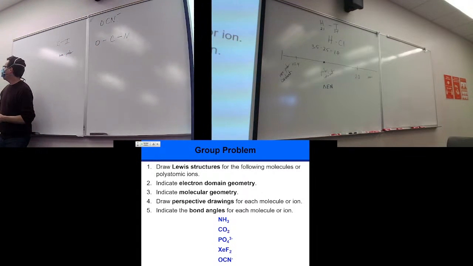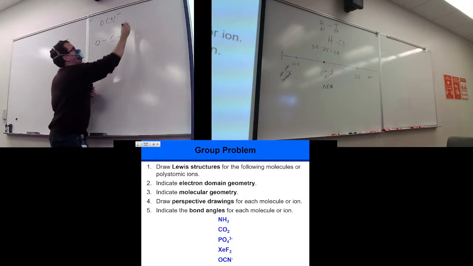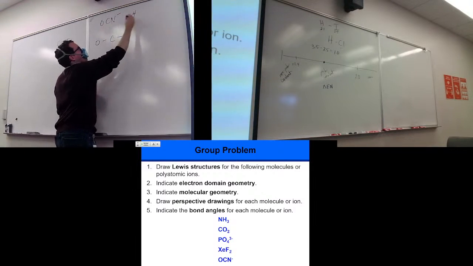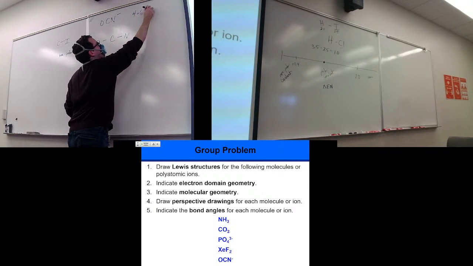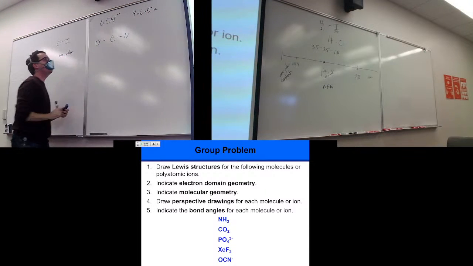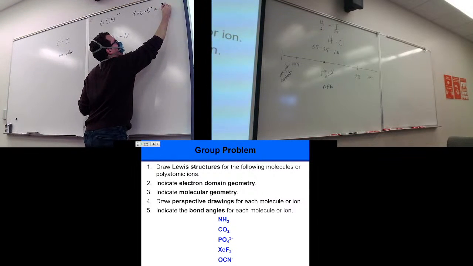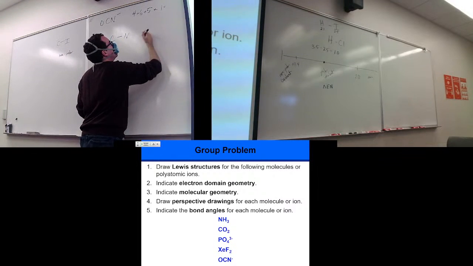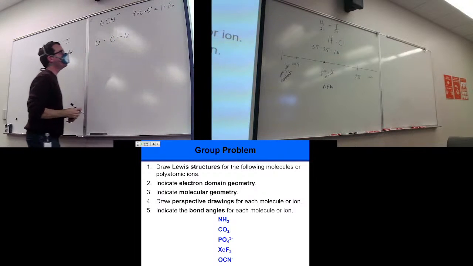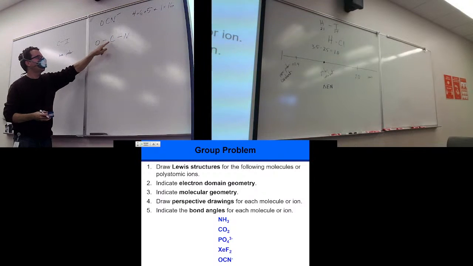And valence electrons. Carbon has 4, oxygen has 6, nitrogen has 5, and that negative charge, any negative charge adds an electron. Any positive charge removes an electron. So adding an electron, we have 16. And I've already drawn in 4 electrons.